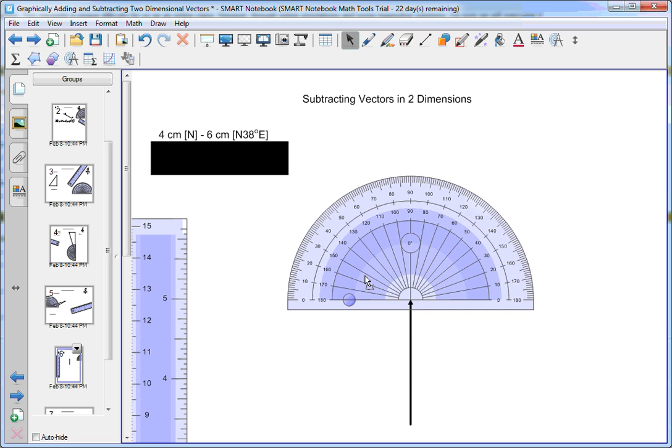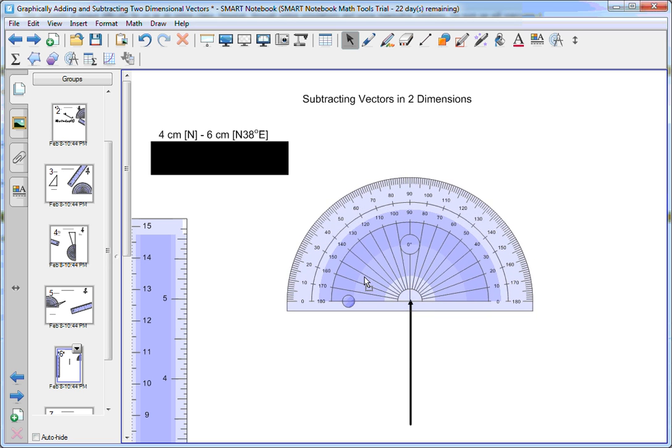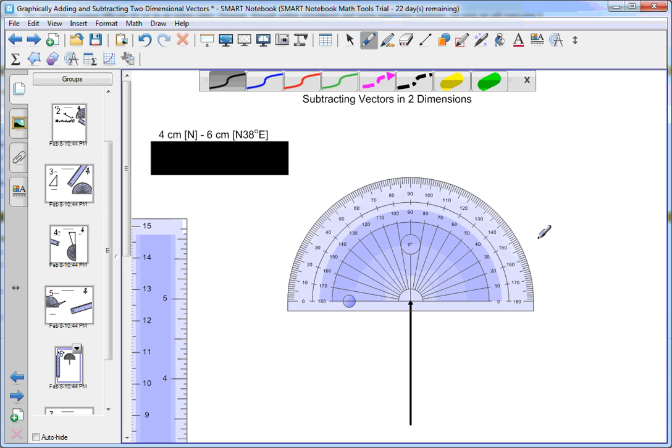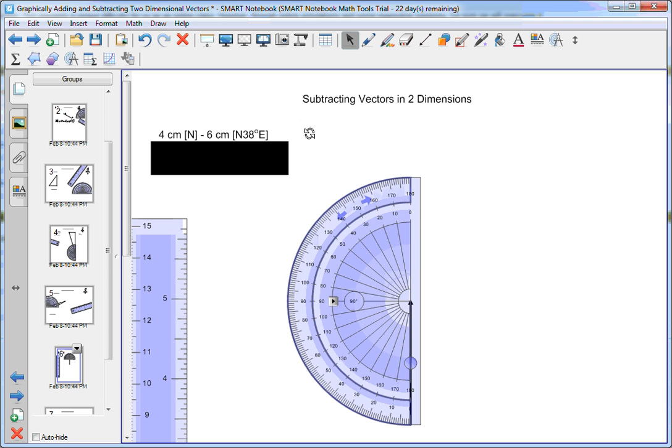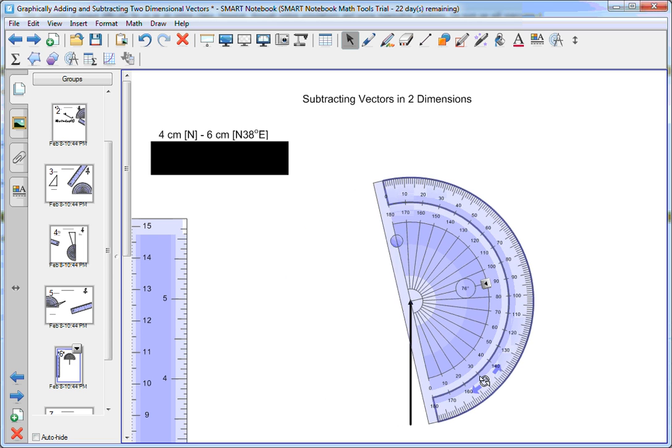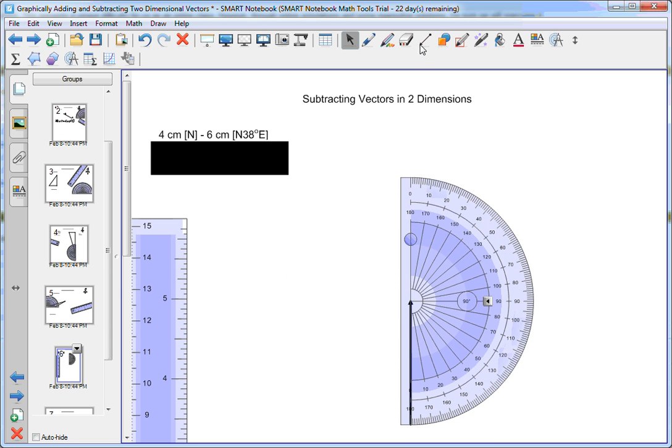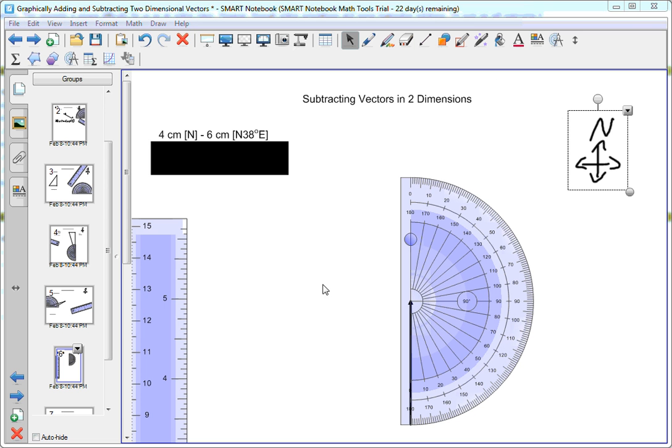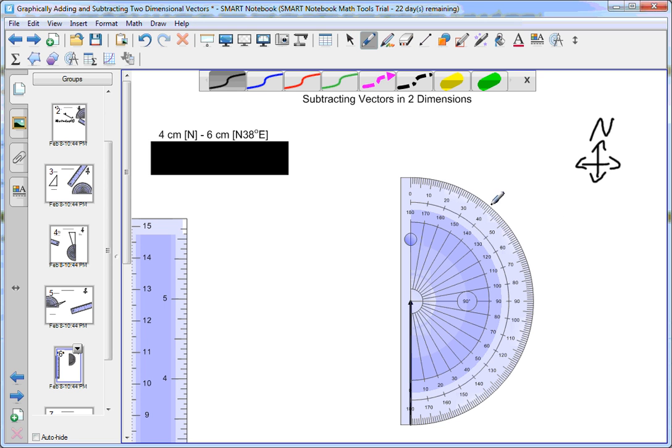Well, let's look at what north 38 degrees east would be, with our direction in here. So north 38 degrees east would put us right about there.